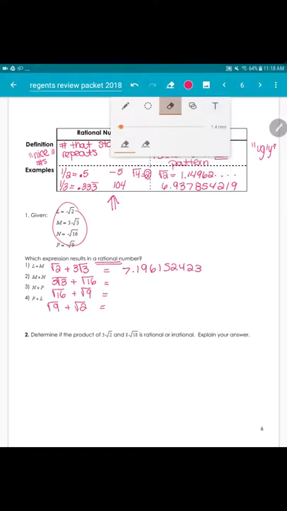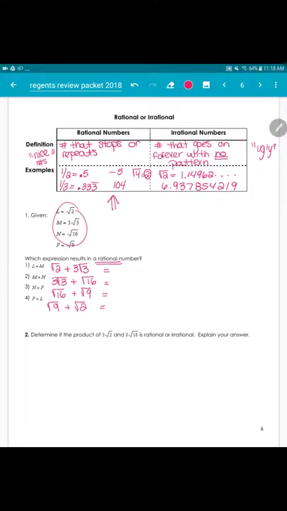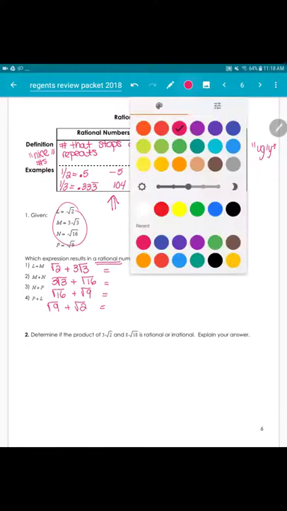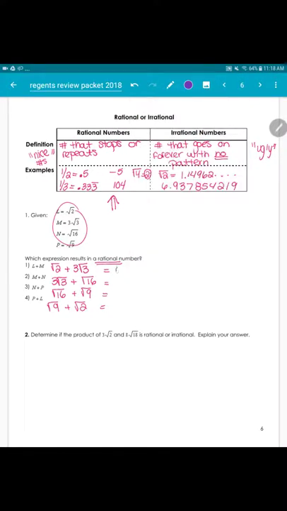Sorry about that. Let me erase. The number should be 6.610365. Okay, is that rational or irrational? This is irrational because it goes on with no pattern. So that cannot be our answer because, again, they're looking for something that's rational.